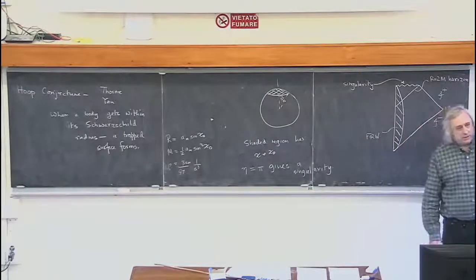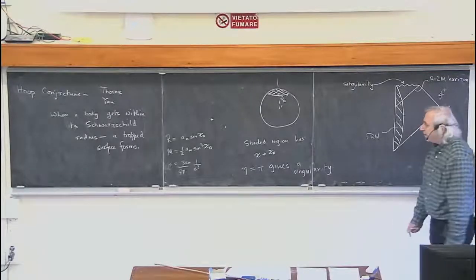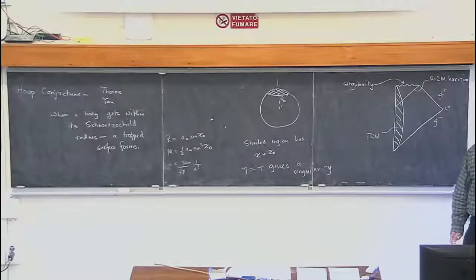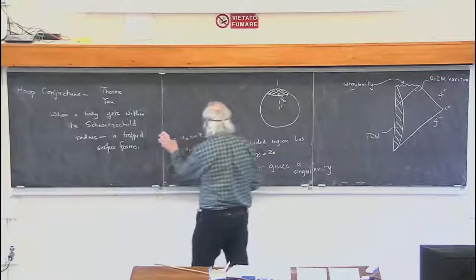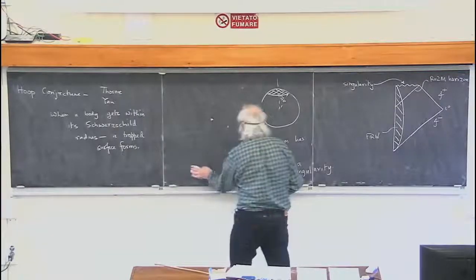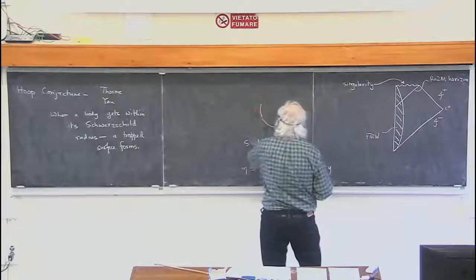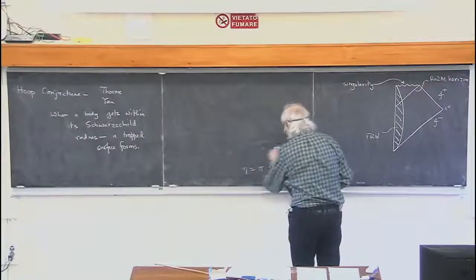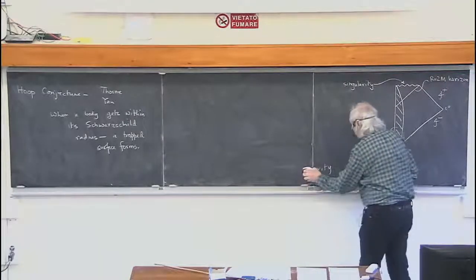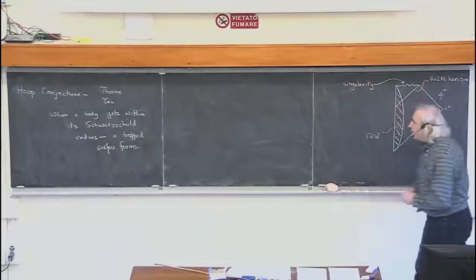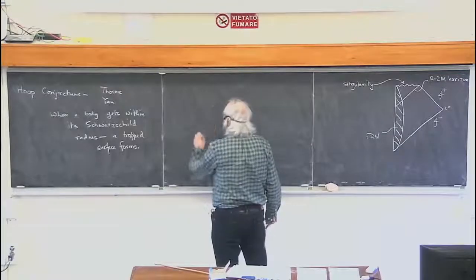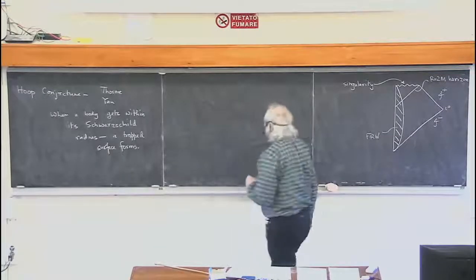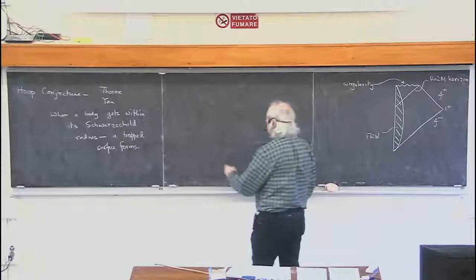We'll see a little bit later the difference between a trapped surface and an event horizon, but for static spacetimes and stationary spacetimes they are the same thing. So a trapped surface just simply means that you can't escape.